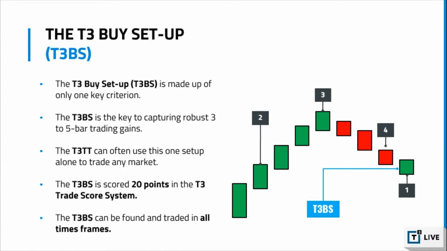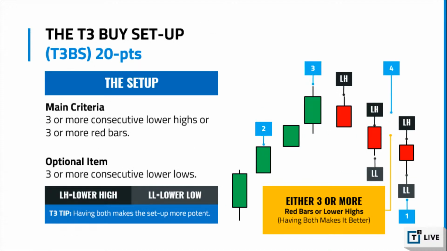One is the pullback in an uptrend. So you have a stock that's in an uptrend and pulls back. Now there are certain criteria for the pullback. Not just any pullback is acceptable. We've covered a lot of information about the buy setup in particular that's in an uptrend, because that's the most common. So there's the uptrend and then the pullback. You gotta have 3 or more consecutive lower highs or 3 or more red bars.